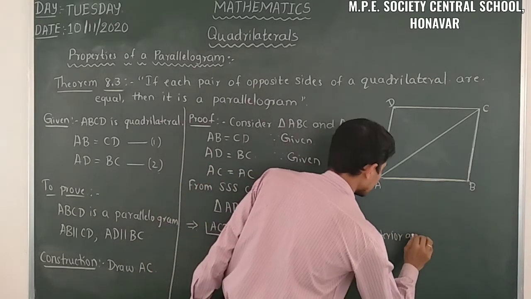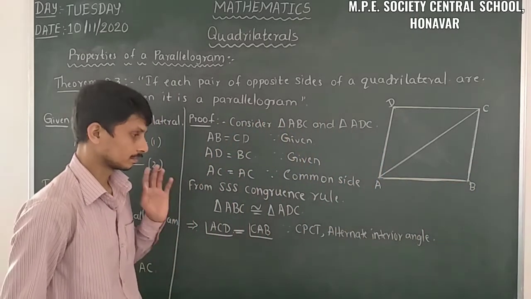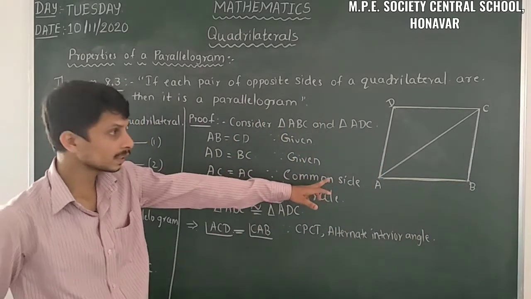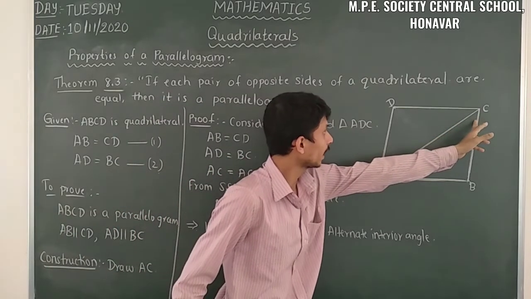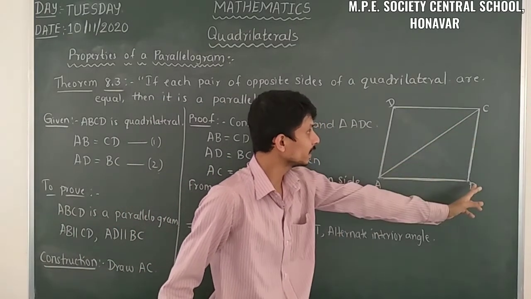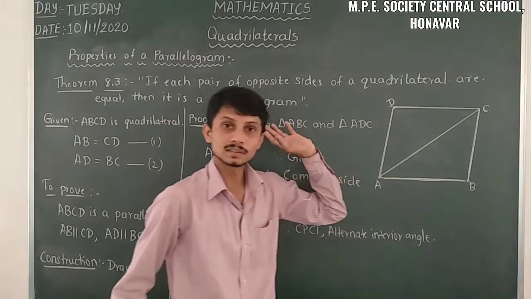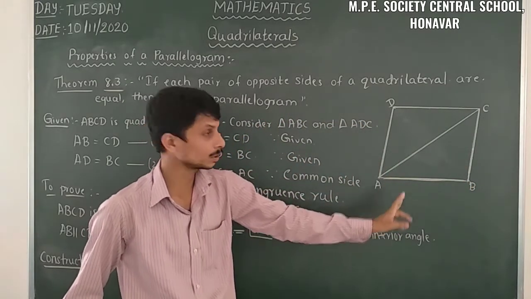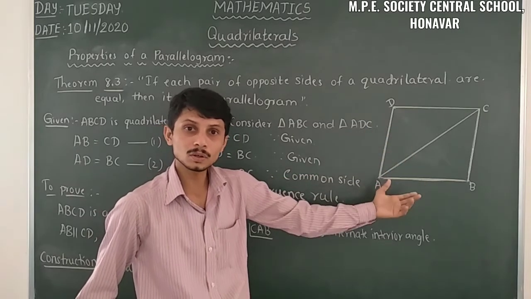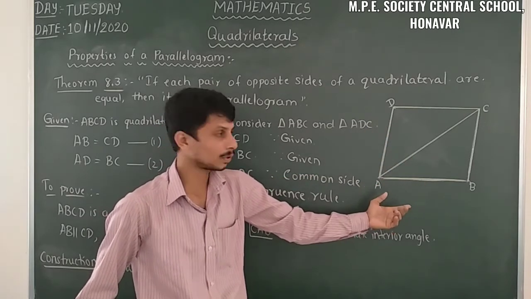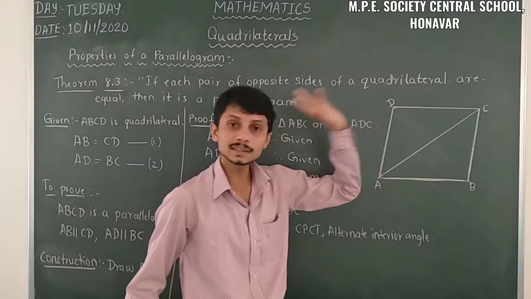Alternate interior angles. Then another possibility is here, angle ACB. Angle ACB is equal to angle DAC. So it is one of the CPCT. Also, it's an alternate interior angle possible when AD is parallel to BC and AC is a transversal.